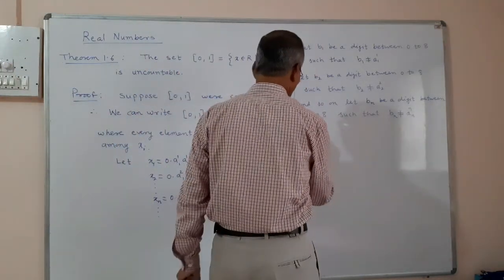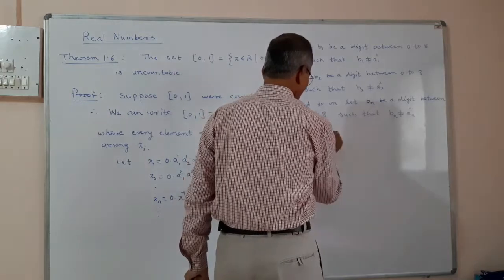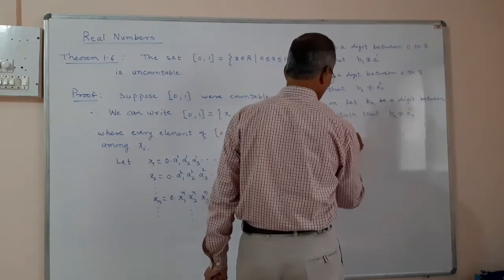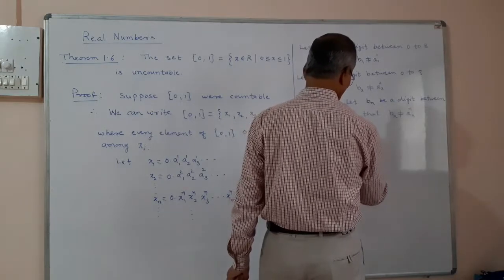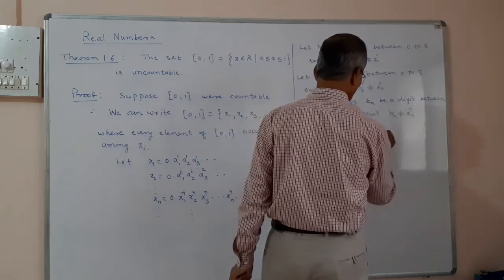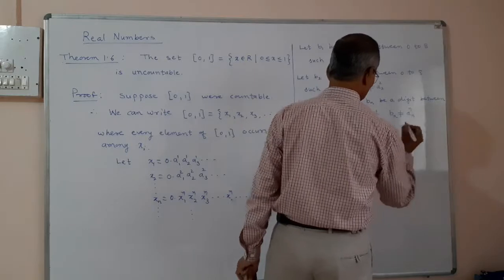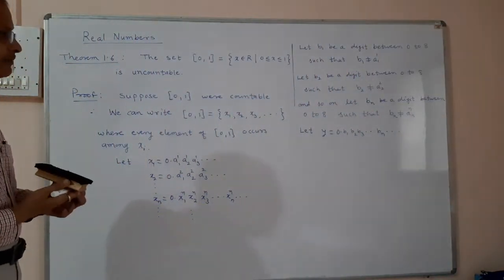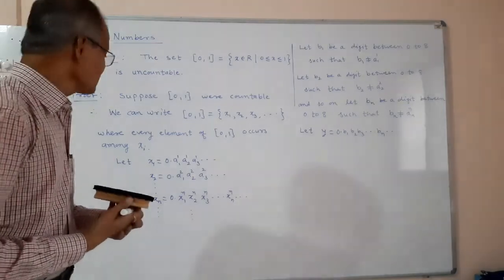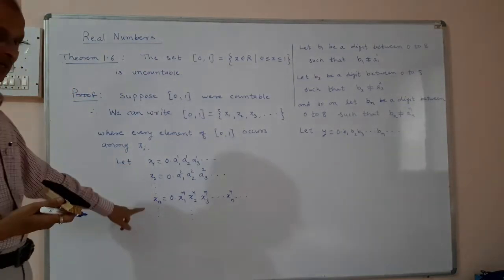Let y be equal to 0.b1 b2 b3 ... bm and so on. Then you see this y is different from any xi.